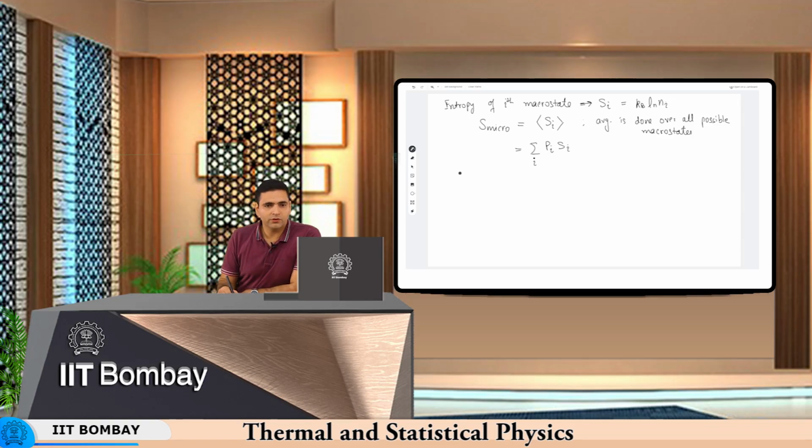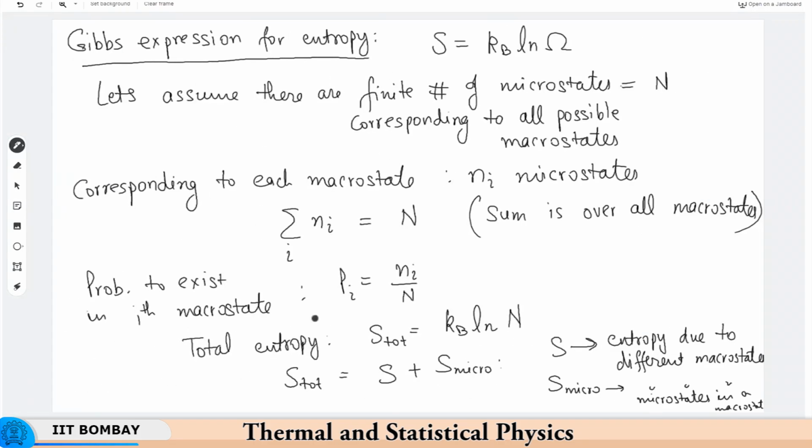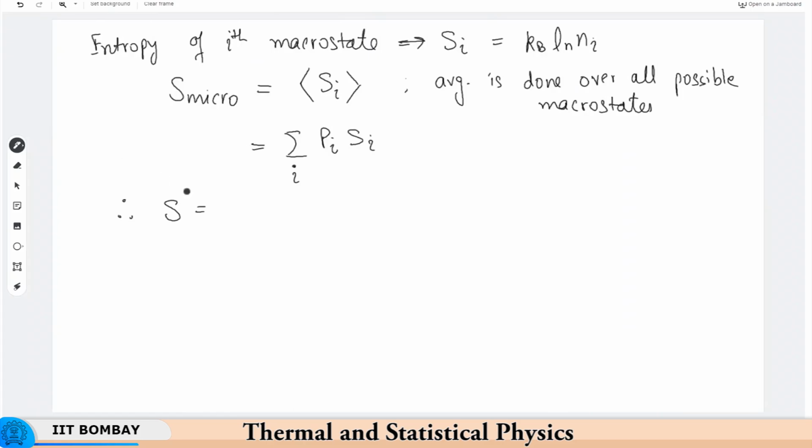Therefore, this total entropy was the sum of S plus S micro. So, S becomes S total minus S micro, and we can now replace that here.